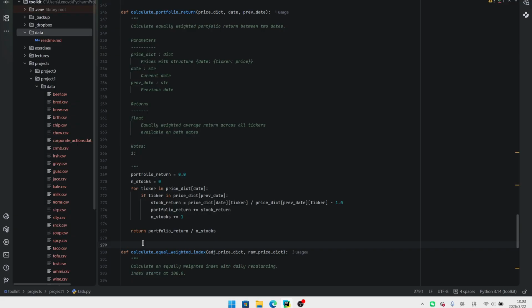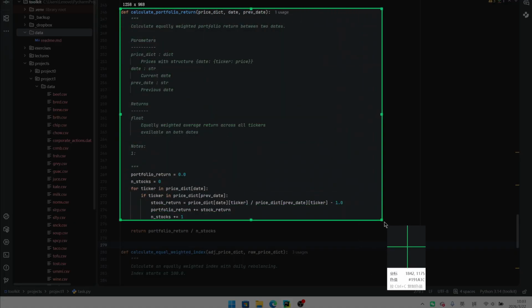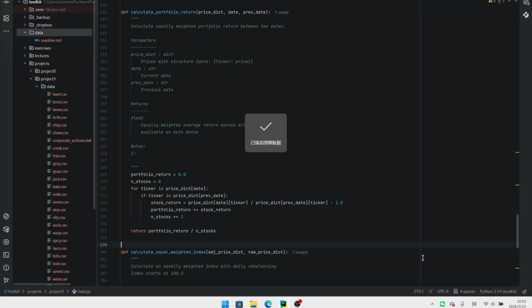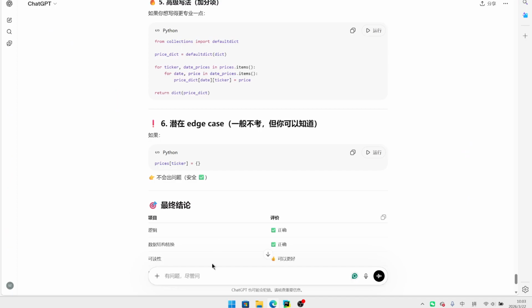If ticker in predict, the price date is a string, then predictor minus 1. I think it's correct as well, but if it is correct, what's the problem?